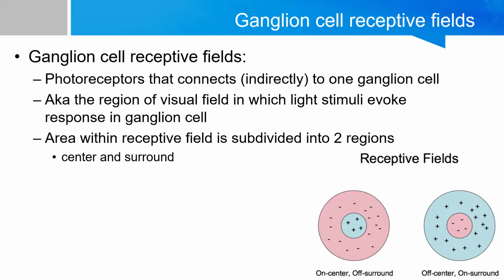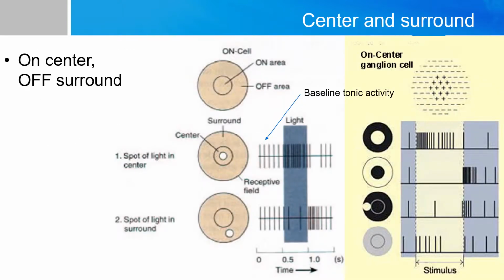You can think of this in another way as the region of visual field in which light stimuli can evoke a response in that particular ganglion cell. And within each receptive field, it can be subdivided into two regions, a center and a surround. And we will cover that shortly. So each receptive field has a center and a surround.